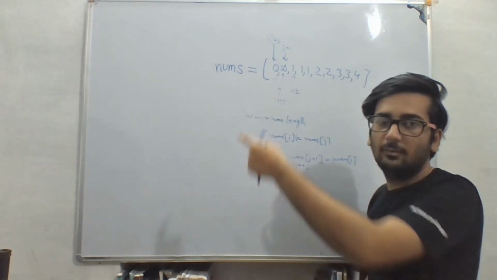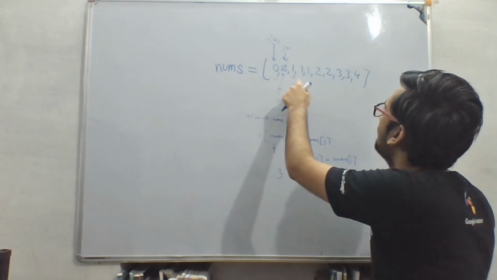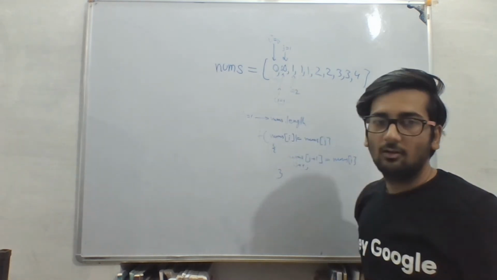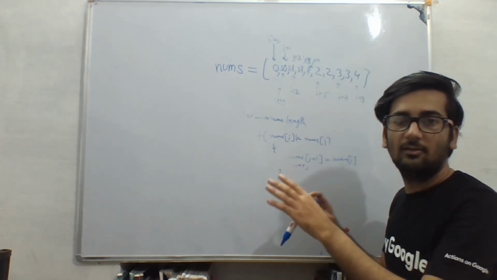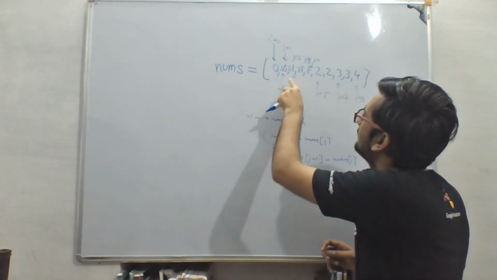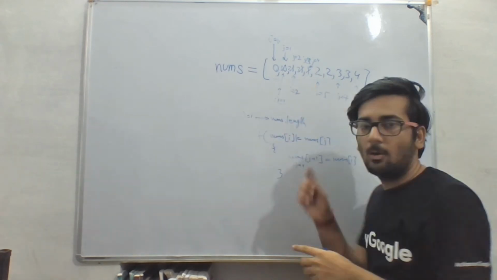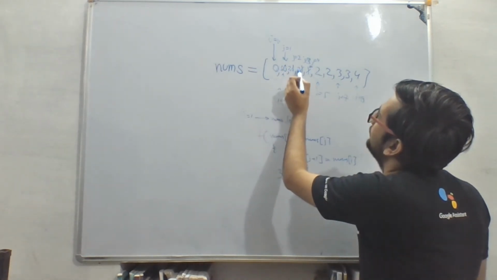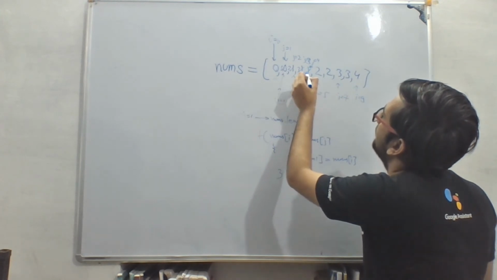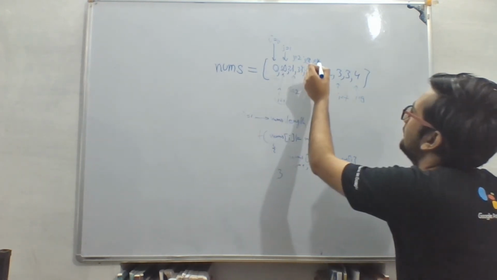So similarly we will iteratively do this for the whole array. Okay, let's fast forward it. All the elements are replaced and only occur one time: 0, 1, 2, 3 and here 4.